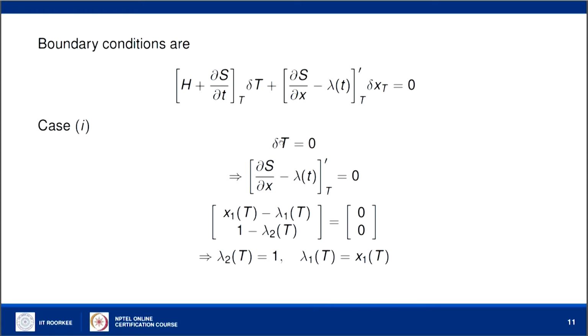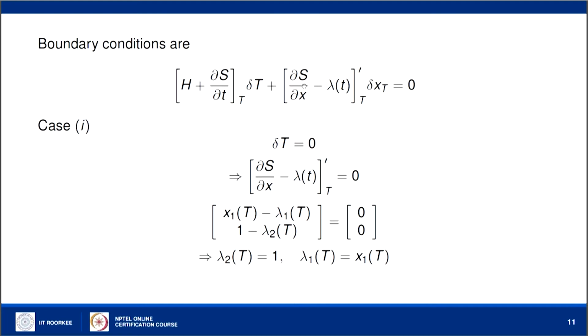Delta capital T is 0, therefore the boundary condition is given by del s by del x minus lambda transpose evaluated at capital T should be equal to 0, because delta T is already 0 and delta x at T, the variation in the final state, is arbitrary.